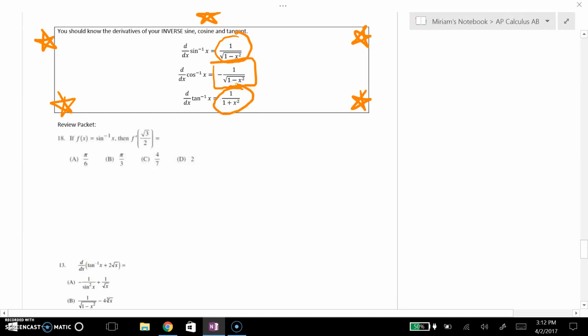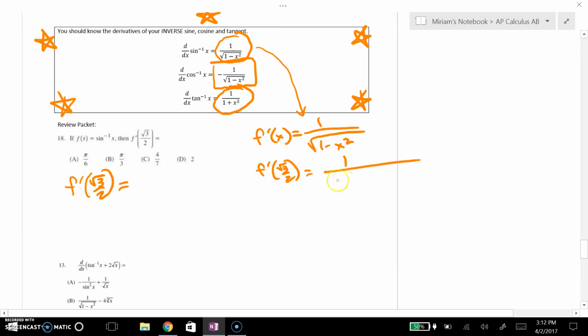So if you look at number 18, it says f of x is sine inverse of x, and they want to see what f prime of square root of 3 over 2 is. Well, that's easy, okay? We just need to get f prime first, which is right here. Then we need to plug in square root of 3 over 2. Okay, solve.